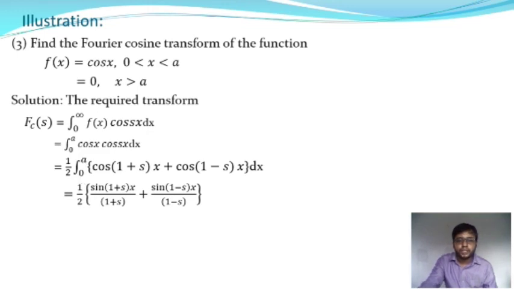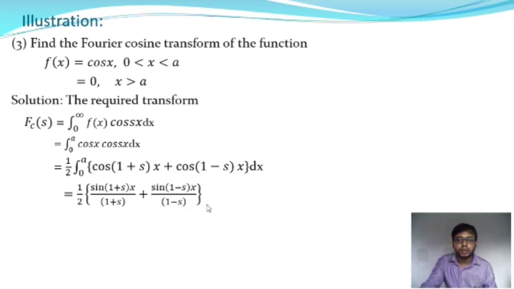Now we integrate both the functions, and we will get sin((1+s)x) by (1+s), and the second one will be sin((1-s)x) by (1-s), with upper limit a and lower limit 0. After putting the upper limit, it gives sin((1+s)a) by (1+s), and the second one sin((1-s)a) by (1-s).